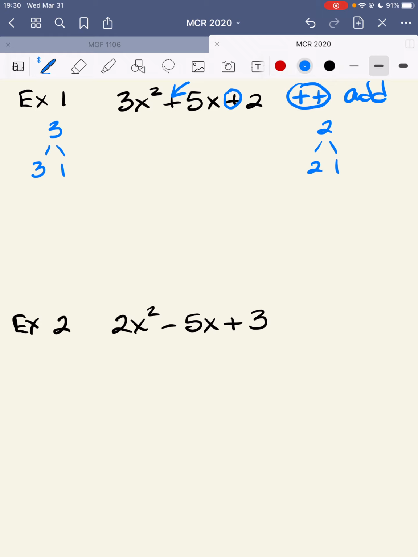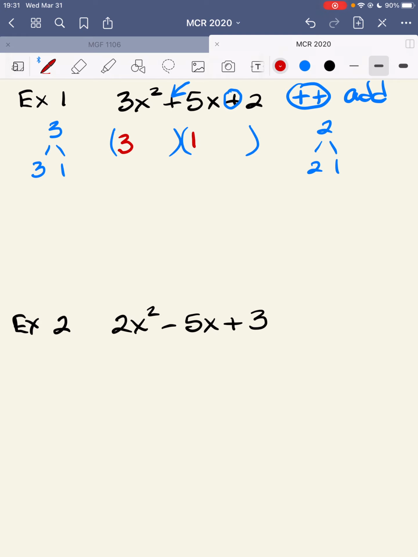All right. I'm going to start off and create my binomials. And I'm going to place one of my sets of factors. In this case, they both only have one set of factors. So I'm going to place my 3 and my 1. And I'm not worried about the x squared right now. I know it has to go in there.